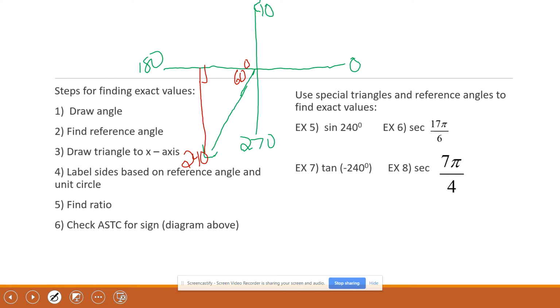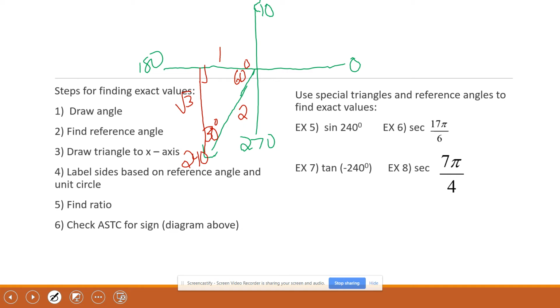Okay, so that makes this a 30, 60, 90 triangle. 30 always has a length of 1, opposite it. 60 has a length of the square root of 3, and the hypotenuse is 2.